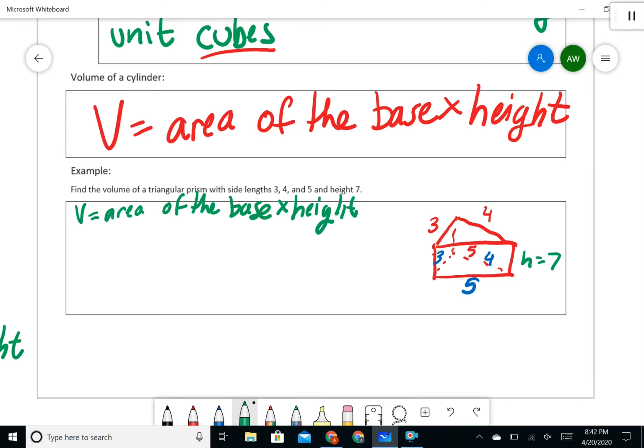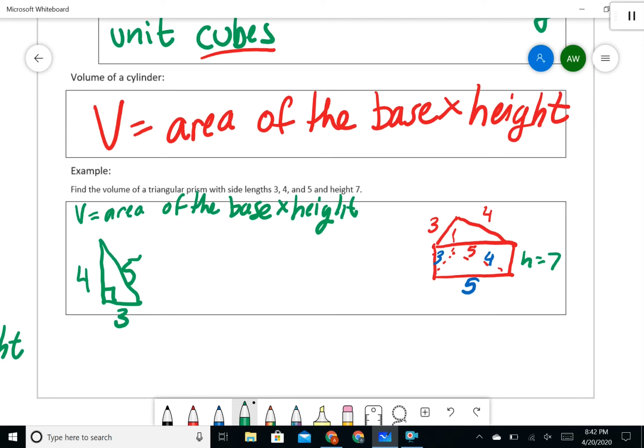To figure out the area of the base, I need to figure out the area of this 3, 4, 5 triangle. And we should know, looking at these measurements, that this will be a right triangle. 3, 4, 5 is a Pythagorean triple, which means that if those are the side lengths of a triangle, we have a right triangle, where the legs are 3 and 4, and the hypotenuse is 5.